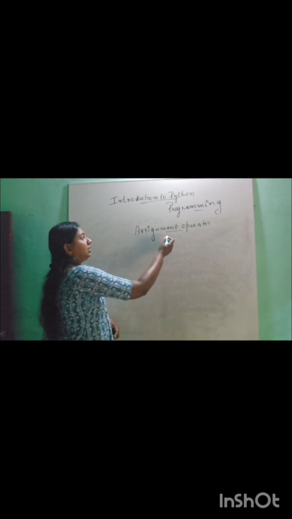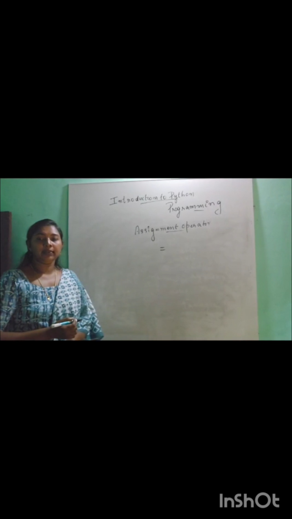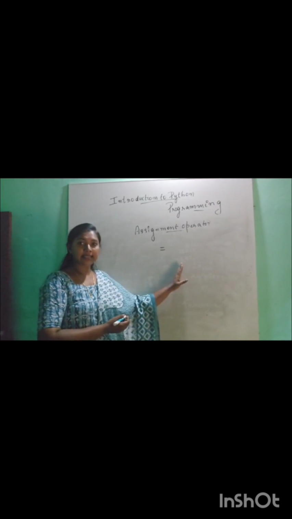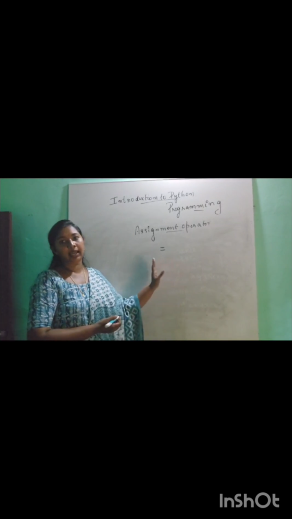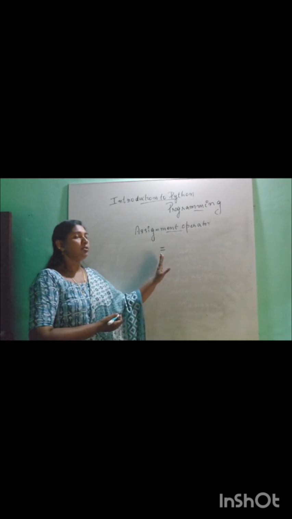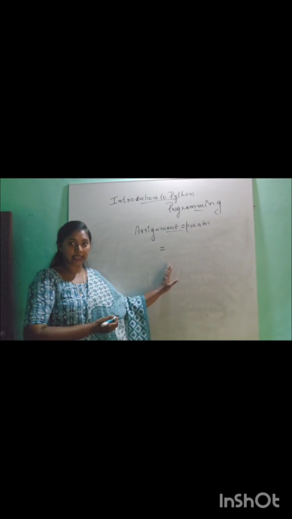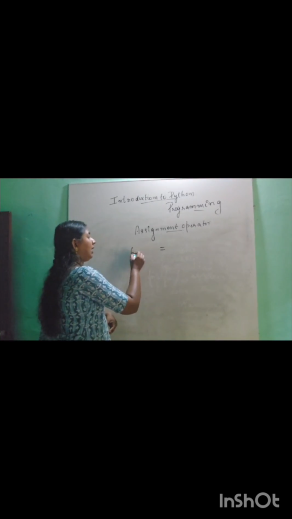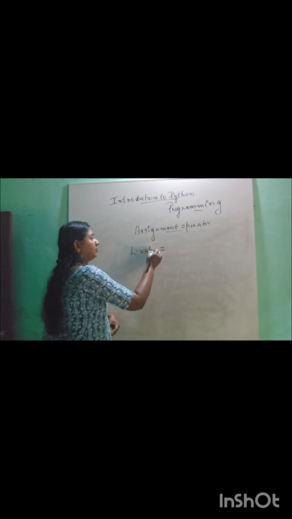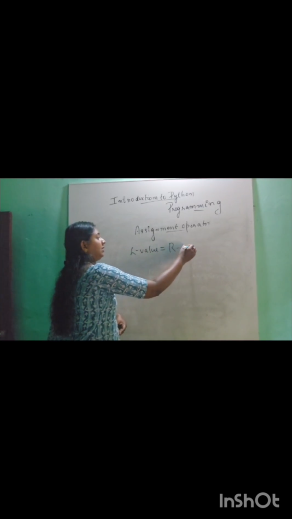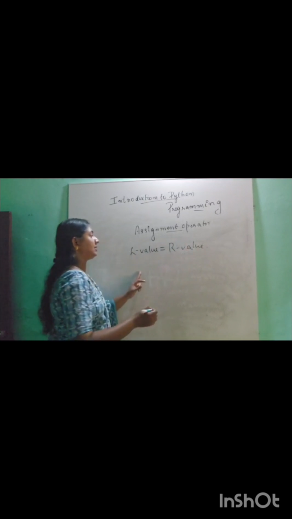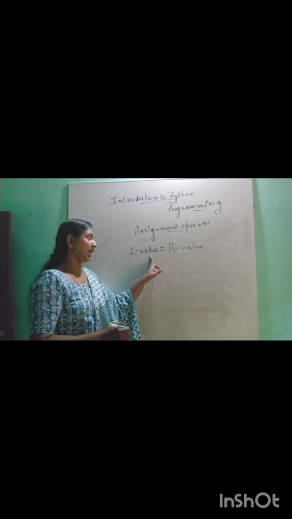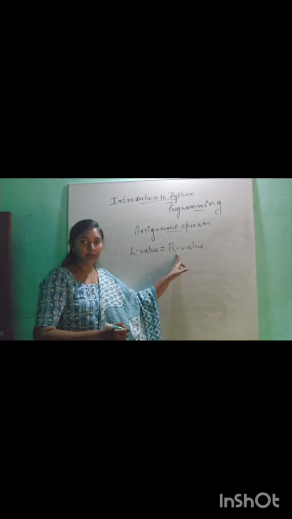For an assignment operator, we have two sides, as I have told earlier: the RHS, that is right hand side, and the left hand side. So associated with this assignment operator, you have two values, that is L value and R value. Rather, a variable is associated with two types of values, L value and R value.